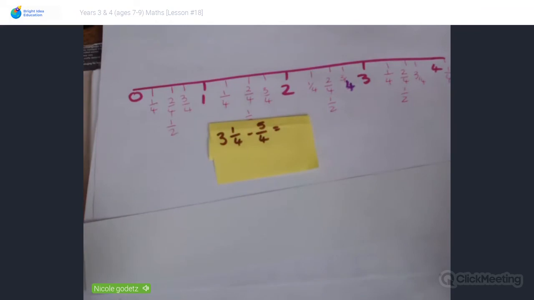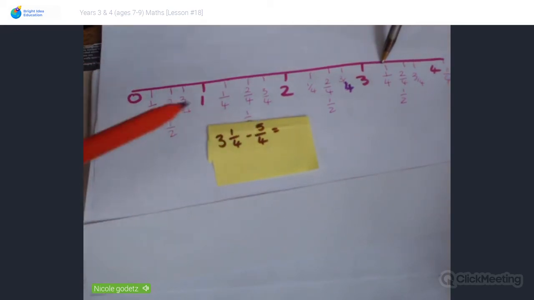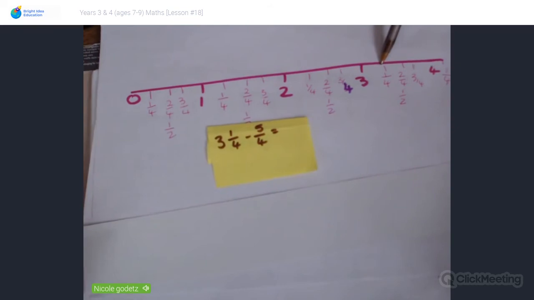It's a subtraction. Okay, so start on 3 1/4, which is here. There's the 3 whole, there's 3 1/4, and you have got to take 5/4 of a jump back.